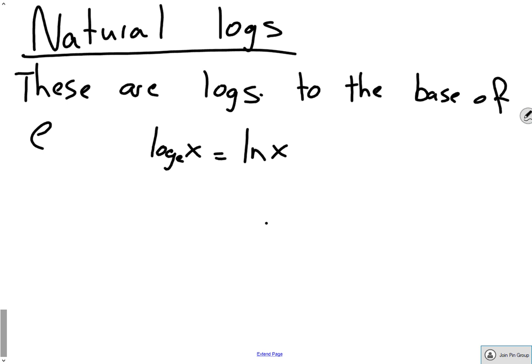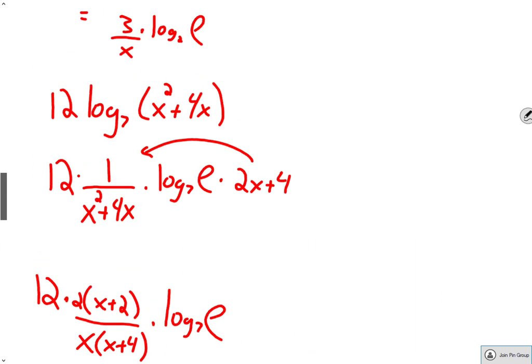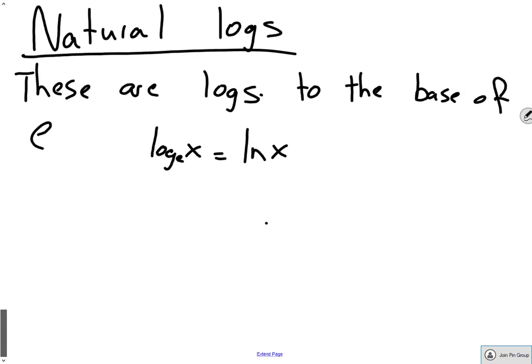So the big property: all those properties you learned about logs up here still apply. I don't know where they went, but they're there. But the big thing to remember is if you take natural log of E, it just equals 1. If you took the natural log of E to the power of 8, any takers on what that's going to equal? 8.